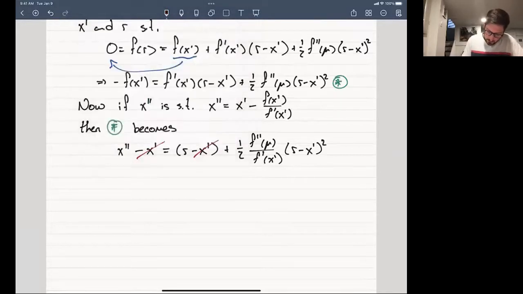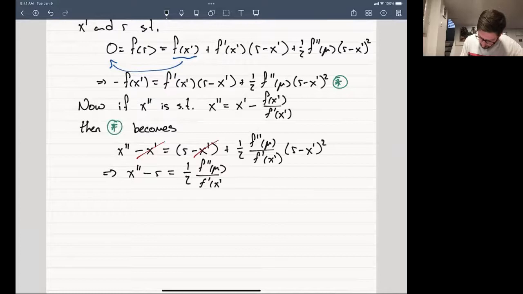Okay, now I've got a negative x prime on both sides, so I can cancel them out. And now I can say that x double prime minus r, so this is asking how far away my update is from the root, well, this thing is 1/2 f double prime of mu divided by f prime of x prime, and then r minus x prime all squared. Okay, what do we do now?